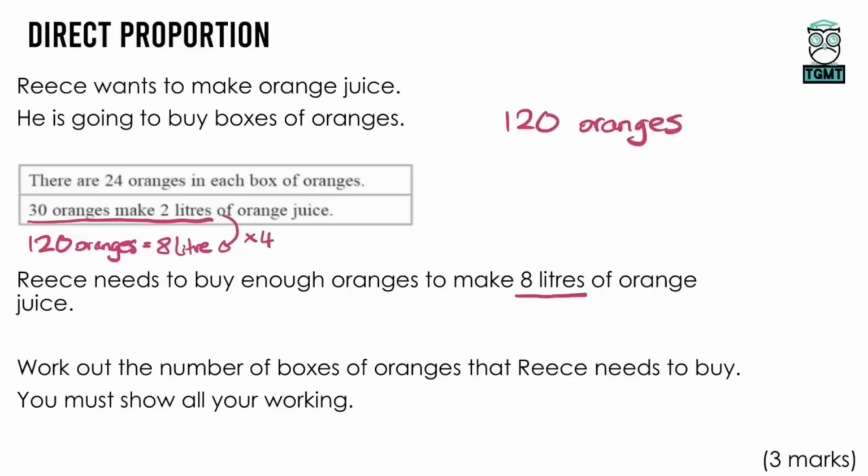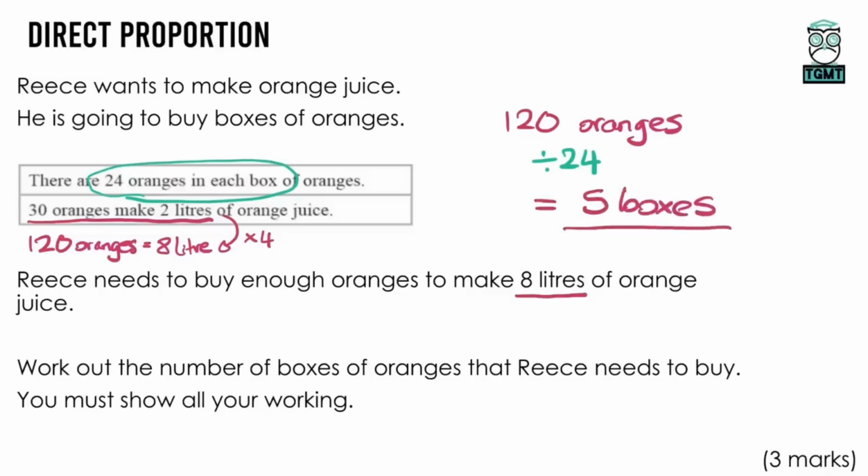Now it says that there are 24 oranges in each box. So if we want to know how many boxes we need, we'll divide by 24 oranges to see how many boxes we're going to need to fit into 120. 120 divided by 24 gives us 5 boxes. And there we go, 5 boxes would be our final answer, and that's just a bit of direct proportion.